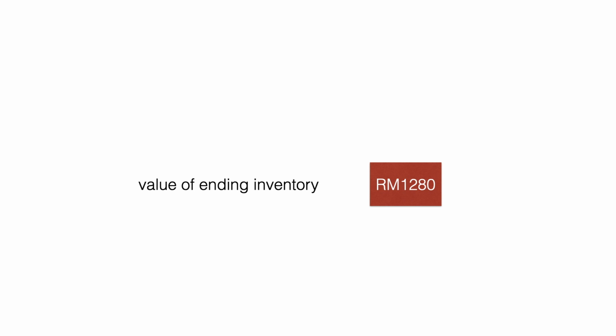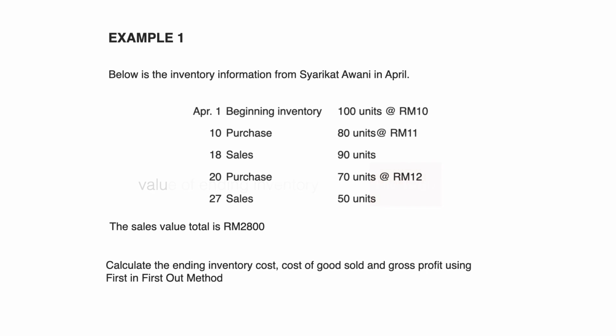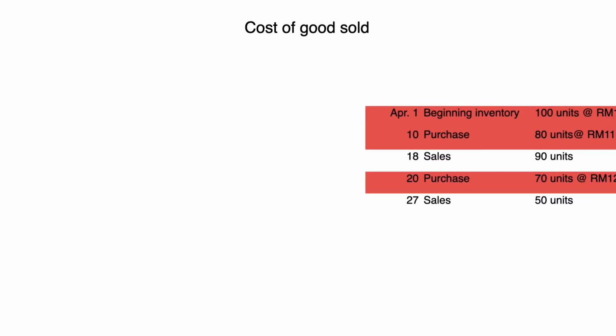Okay, now we move to the second requirement of the question, which is to calculate the cost of goods sold using the first in, first out method. We start again with our list of transactions.